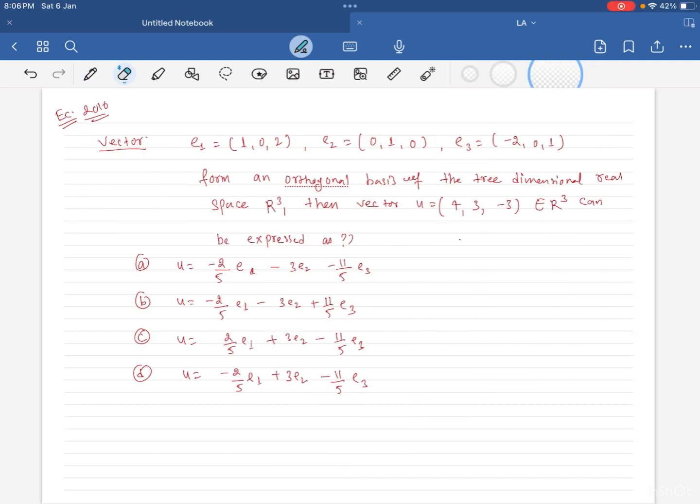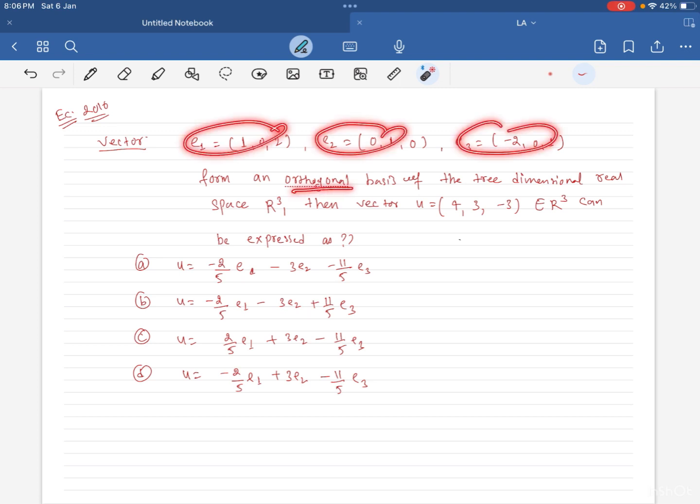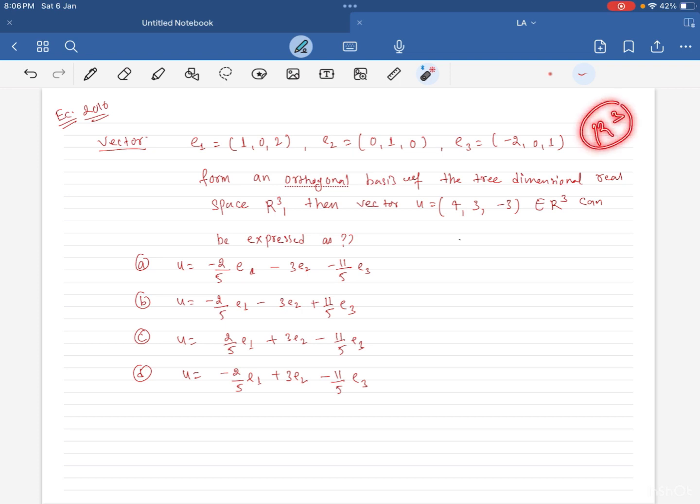This question is from EC 2016, and here if you see we have been given these vectors E1, E2 and E3, and these vectors form an orthogonal basis, right? So they are a basis of R cube, right?